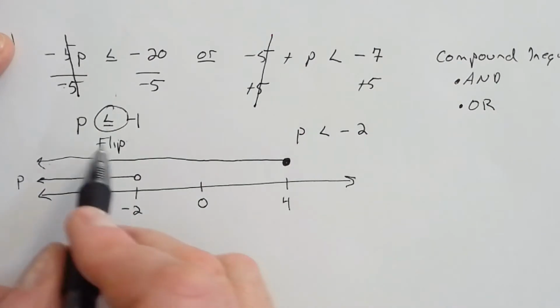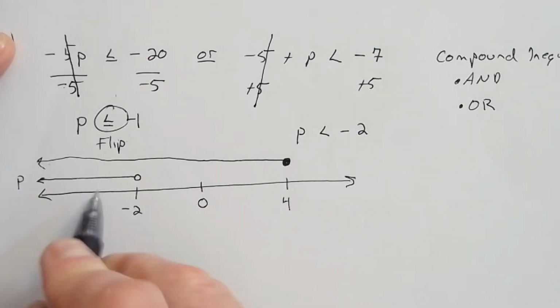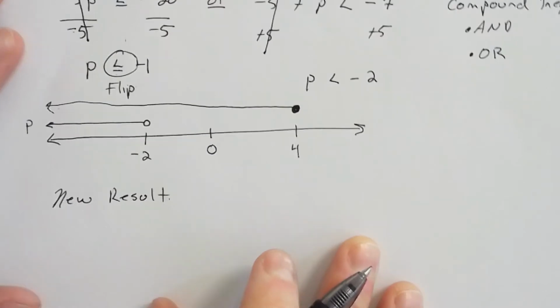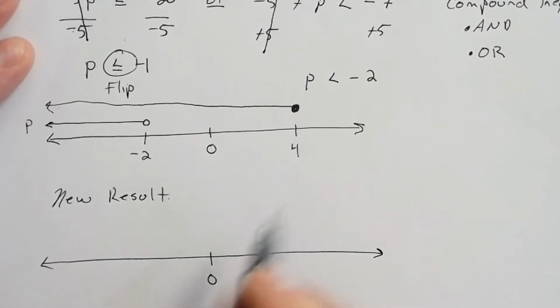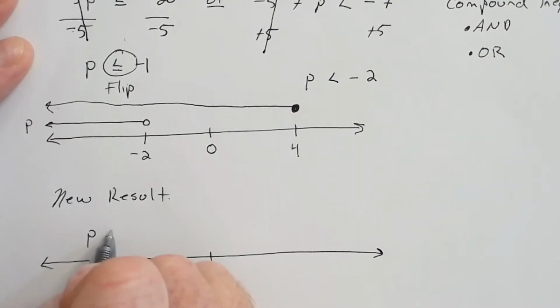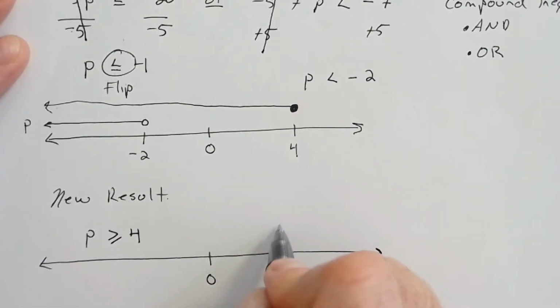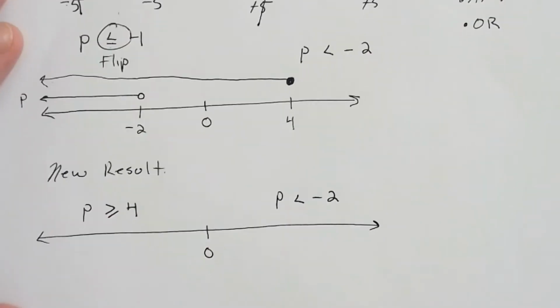Okay, so in this case, this needs to flip. So this is the new result. The new result is going to be P is greater than or equal to 4, and P is less than -2.